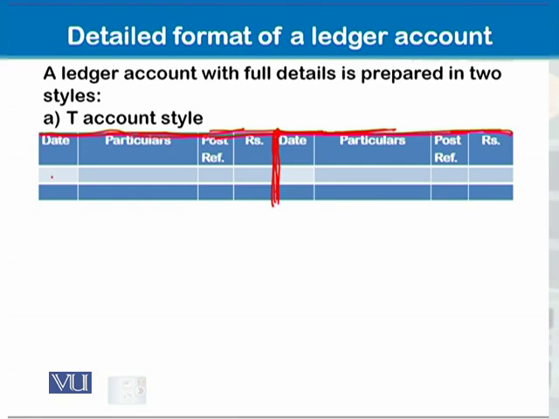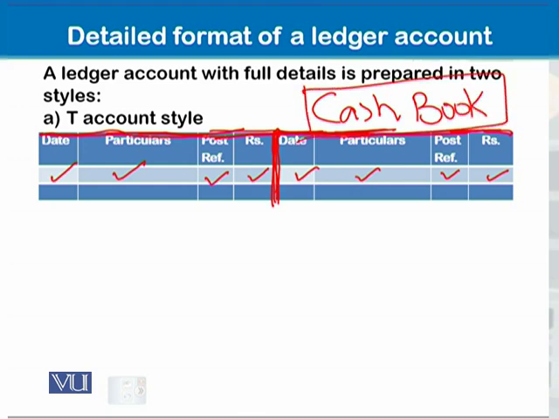Date, particulars, post reference and rupees come over here. Yes, you're very rightly recalling it. We learned it in the single column cash book. It is exactly the same T account style.